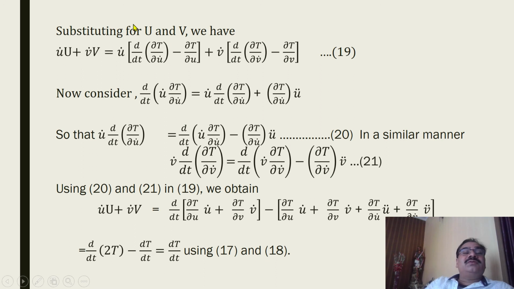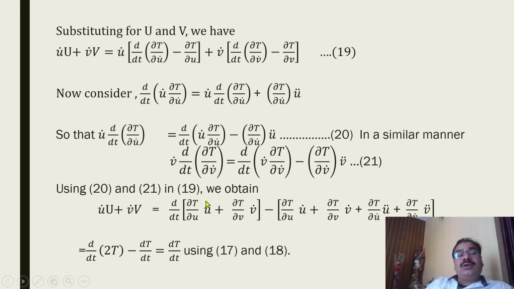How? Substituting for U and V, we have u dot capital U plus v dot capital V is equal to this expression 19. Now considering d by dt of u dot del T by del u dot, it is equal to this expression, so that the expression u dot d by dt del capital T by del u dot may be expressed as expression number 21.